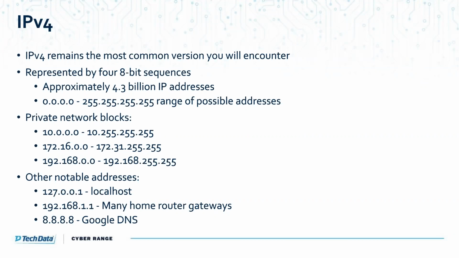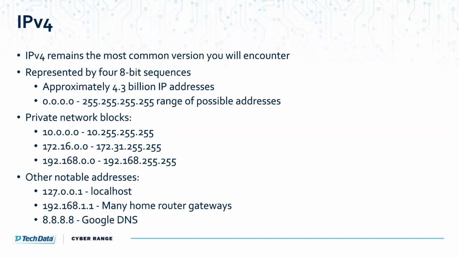And IPv4 is a decimal notation, and you'll see how this differs from IPv6. The reason why we have IPv6 is because the available addresses began to diminish with IPv4, especially when it came to the public internet, because of the amount of devices that we have on the internet today.